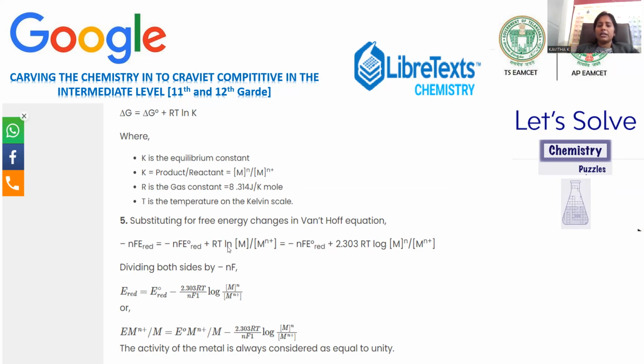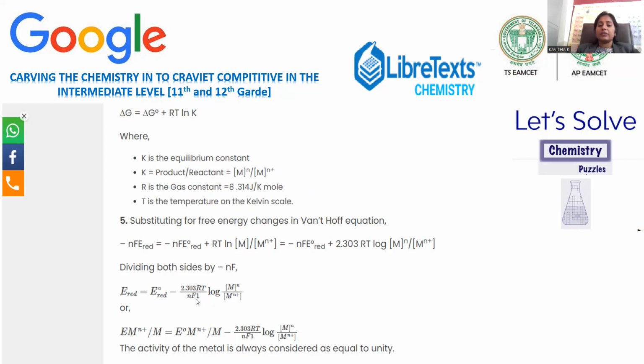So log base e is converted into log base 10 by multiplying with 2.303. This is the equation for the Nernst equation, right? So this is further written as E is equal to E naught minus 2.303 RT by nF log of product concentration by reactant concentration. This is purely the Nernst equation.